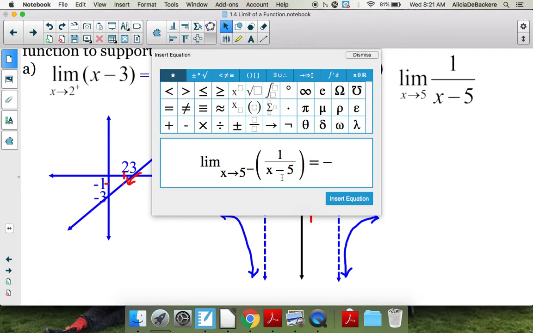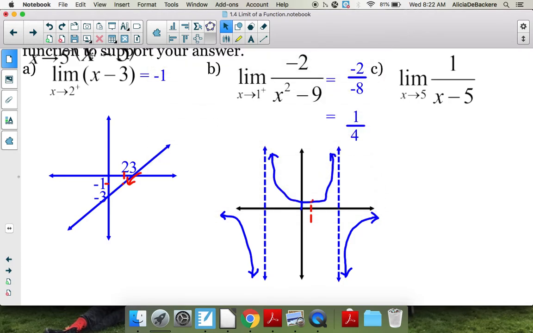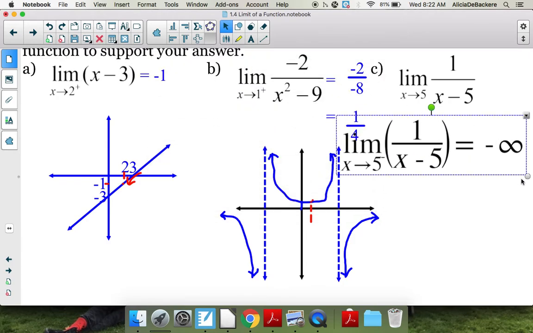So if I'm thinking about taking $1 and splitting it into piles of 0.001, I'm getting smaller and smaller, and there's going to be more and more piles. Eventually, if I get closer and closer to 0, it will be closer and closer to an infinite number of piles. So that's my left-sided limit. Pull that down here.